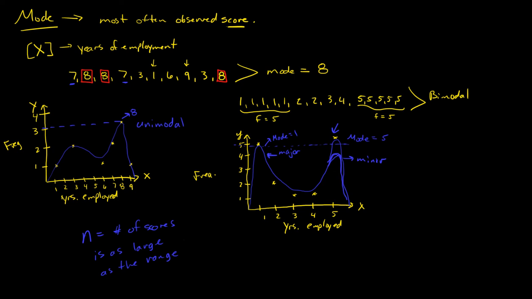These modes won't clearly pop up to us if our n, or our number of scores, is not at least as large as the range. That is the basics of mode.